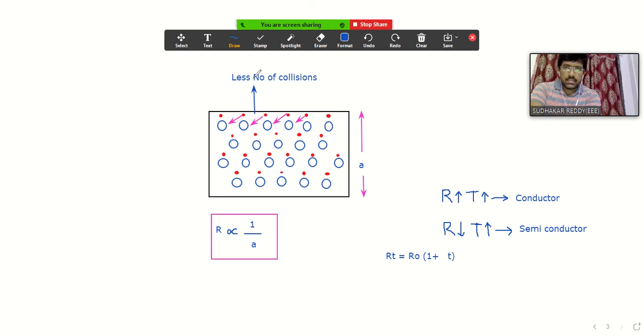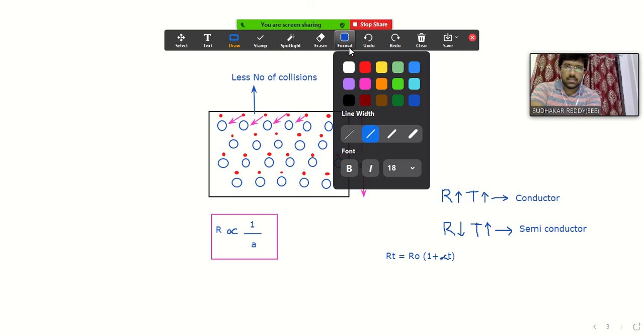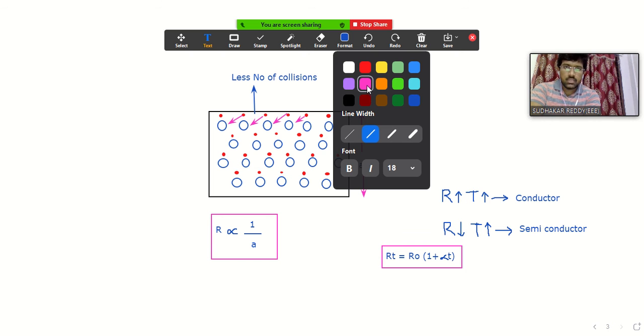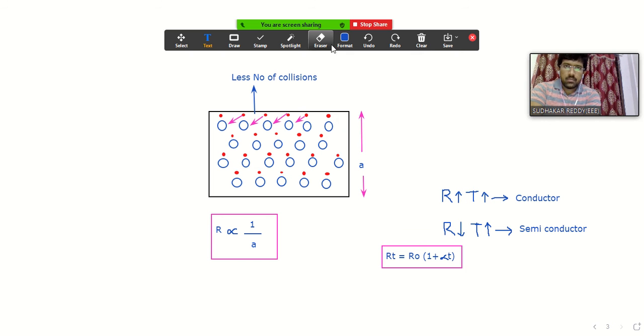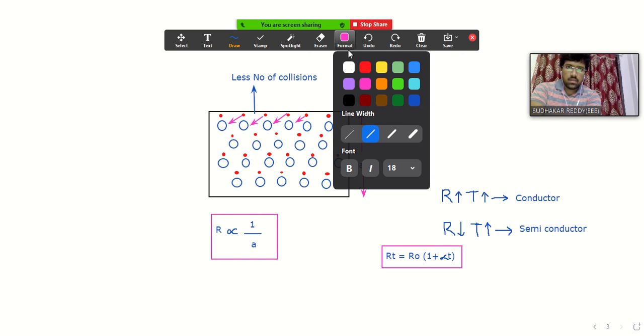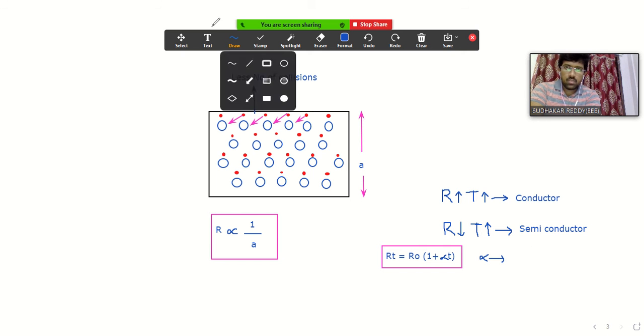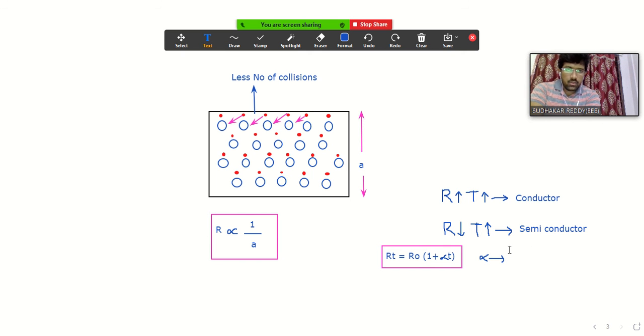Where alpha is known as the temperature coefficient, and that alpha value depends on the type of the material. For a conductor, is the alpha value positive or negative? Positive. And for a semiconductor the alpha value is negative. Keep in mind, it's very important. For a conductor the alpha value is positive.